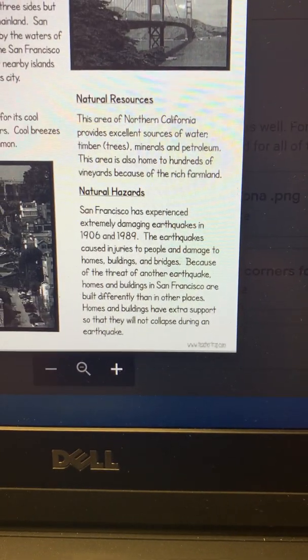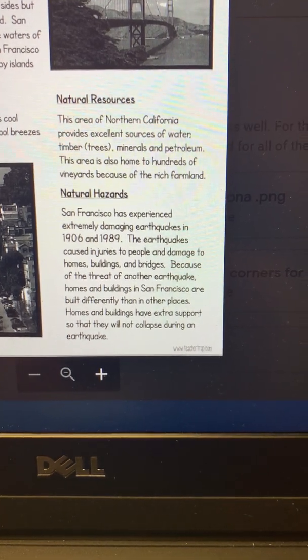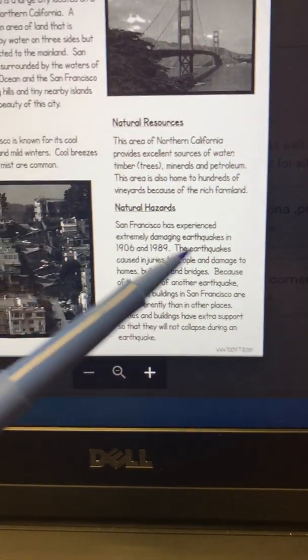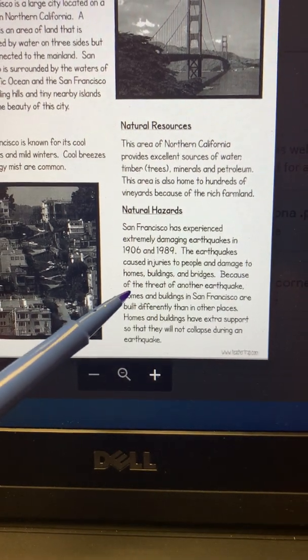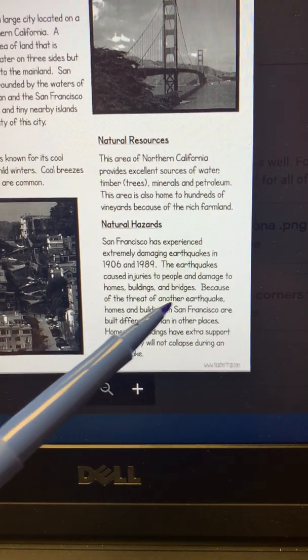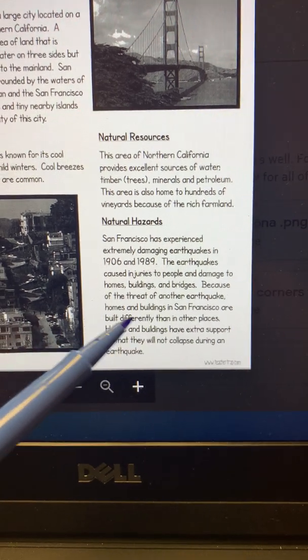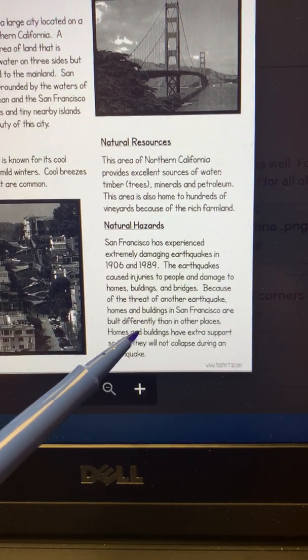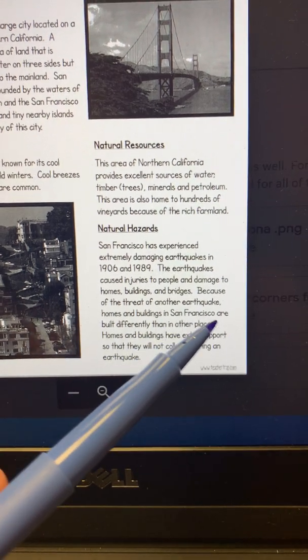Then I see the earthquakes caused injuries to people and damage to homes, buildings, and bridges. Because of the threat of another earthquake, homes and buildings in San Francisco are built differently than in other places.